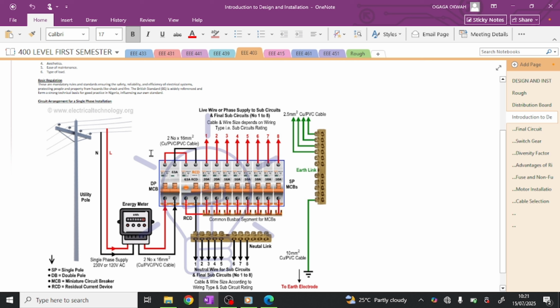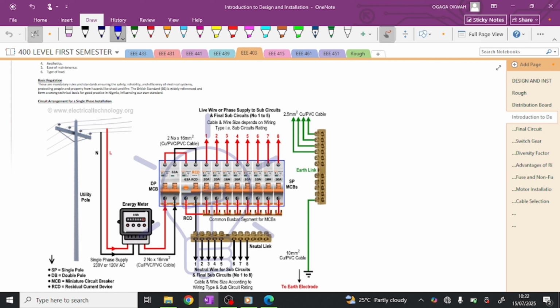This whole path, including the meter and the distribution board. Now if you look at this, you will see right here sub-circuits, and what? Final sub-circuits.